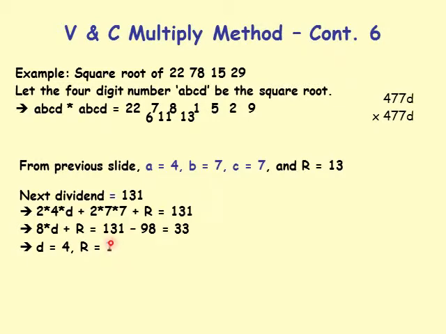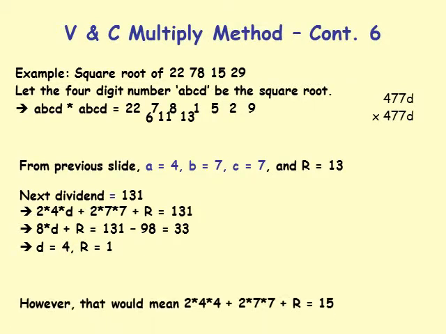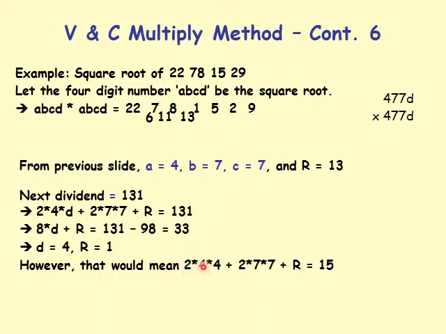So remainder 1 is a little too small, and further we know that it's a perfect square and d is either 3 or 7. So we would be overshooting using 4. If I use d equal to 4, I will have 4 times 4 and 4 times 4, which added together becomes 32, and 7 times 7 plus 7 times 7 is 98.